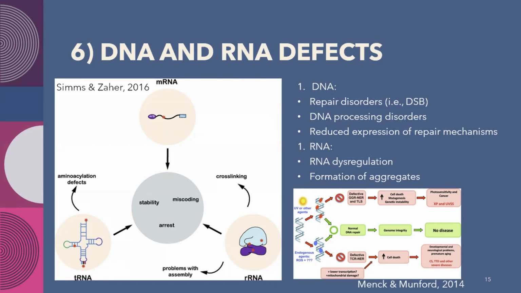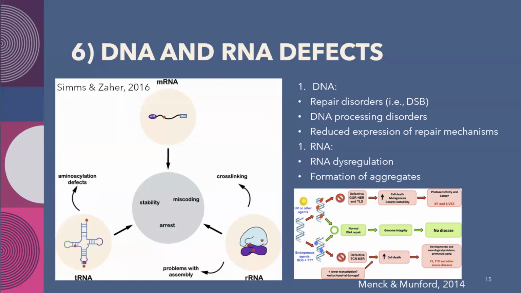Then there is the formation of aggregates, which I didn't know until recently: if your RNA systems, repair systems and degradation systems aren't working right, they can aggregate with each other in certain areas. That becomes a problem you have to deal with, because not only are they dysfunctional now, but they're clogging up the cell.